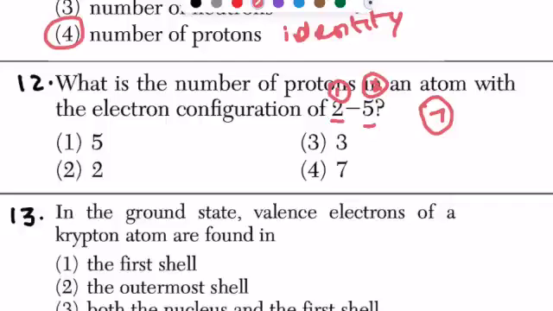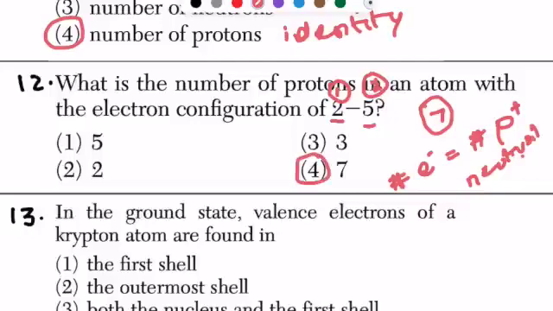For a neutral atom, an atom that has a charge of 0, the number of electrons is equal to the number of protons. Once again, this only applies to a neutral atom, the one that does not have a charge. And I spelled neutral wrong. Right, neutral. So that means if you have 7 electrons, we should have 7 protons.